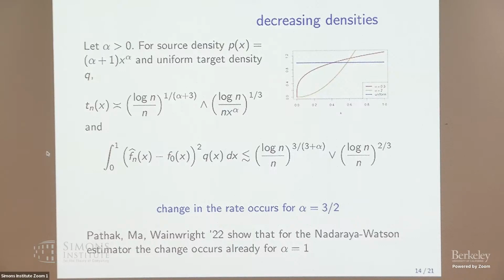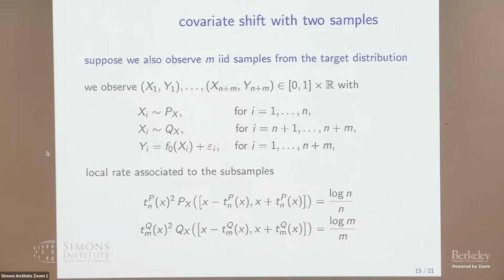Kernel smoothing with a fixed bandwidth can't really do this local adaptation, so you can't get the local rates. So it's a bit worse on the left side, and that makes the rate deteriorate earlier. Also, the analysis is different, because with Nadaraya-Watson you have an expression for how it looks, and here we have to work with the implicit formulation, that it's an empirical risk minimizer over Lipschitz one functions.